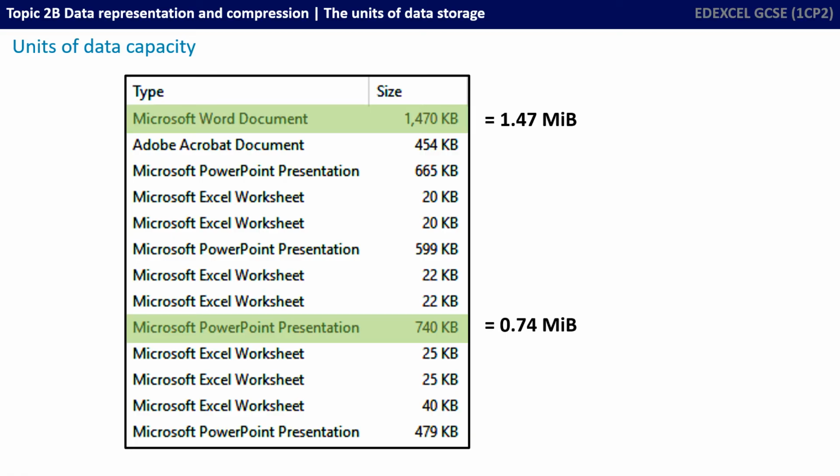Dividing by approximately 1,000 gives us 0.74 mebibytes in size. Let's take this Microsoft Excel worksheet now, 25 kibibytes in size, and let's work it out actually in individual bits. Well, to get from kibibytes to bytes, we times approximately by 1,000, so we've got 25,000 bytes. And then of course we times by 8 because there's 8 bits in a single byte.